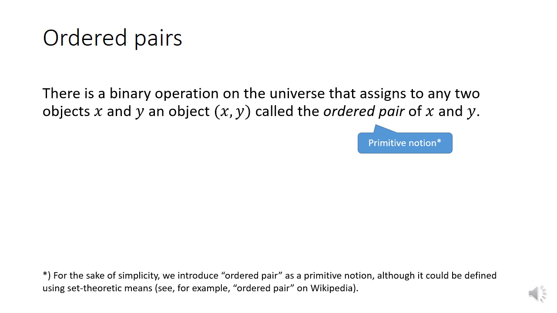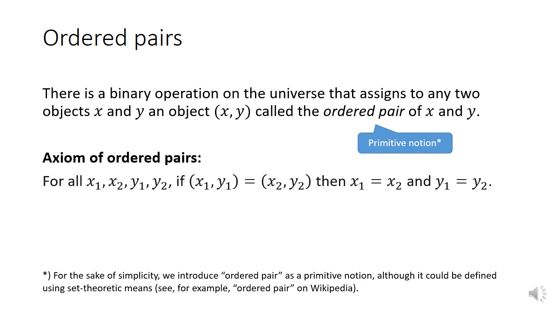In an axiomatic approach, we then have to formulate the basic statements about ordered pairs as axioms. The axiom of ordered pairs states that for two ordered pairs to be equal, they must match in both entries. That is, if the ordered pairs (x1, y1) and (x2, y2) are equal, then x1 equals x2 and y1 equals y2.